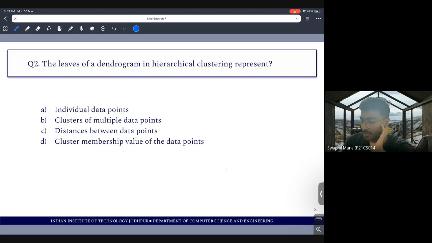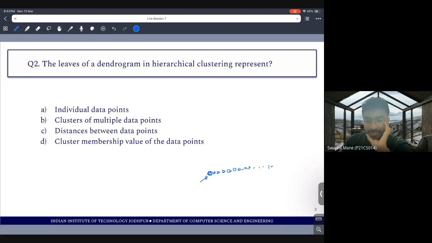If we have 10 or 100 data points, each data point is considered as a single cluster firstly. After that, we merge two clusters based on their distance.